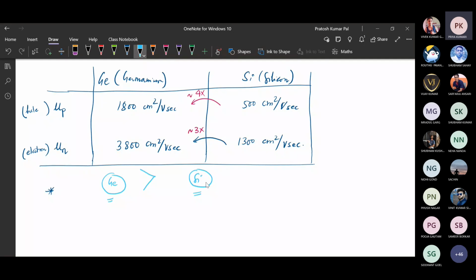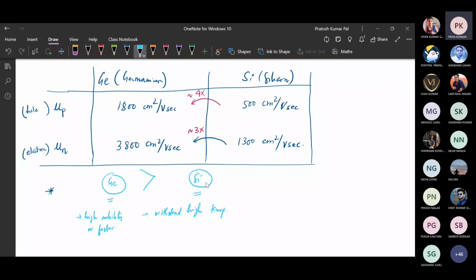But in case of germanium, it has high mobility, or we can say it is faster.